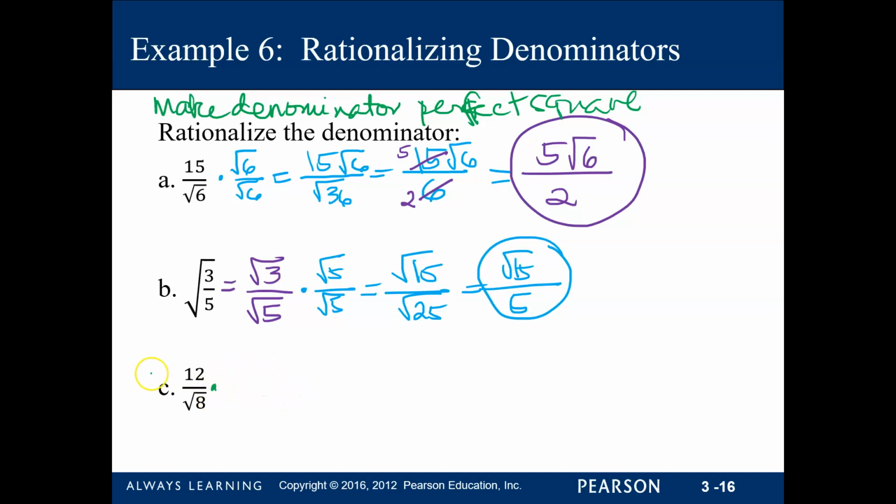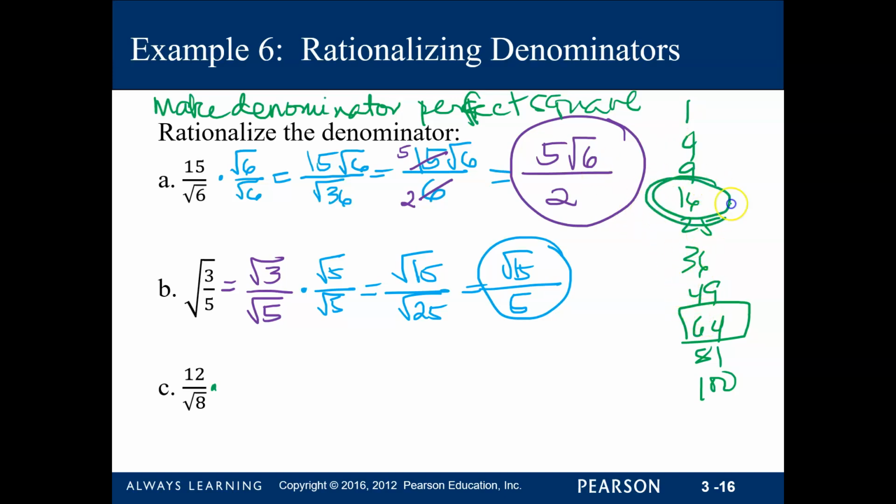But is that the smallest possible perfect square that we can get with 8? If you think of our perfect squares, 1, 4, 9, 16, 25, 36, 49, 64, 81, 100, you can make 8 into 64. But also, one of these perfect squares could be divided by 8. Which perfect square is it? 16.